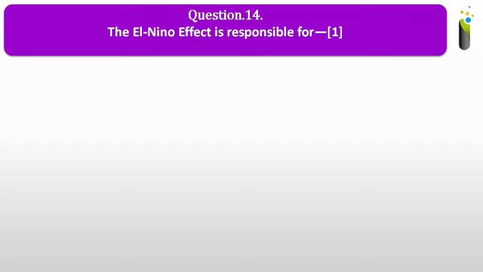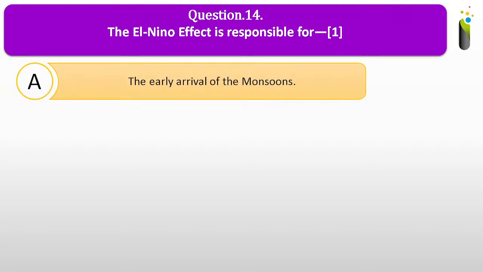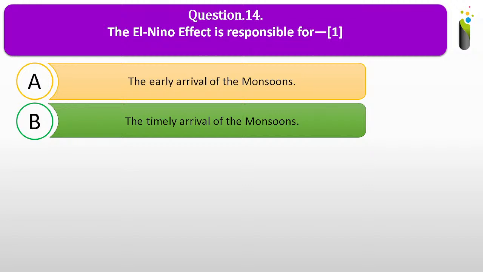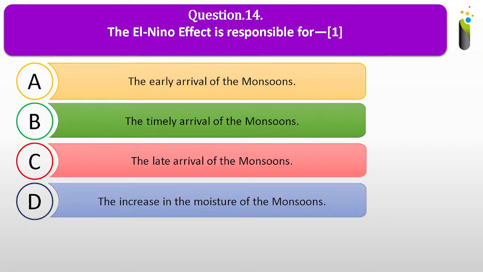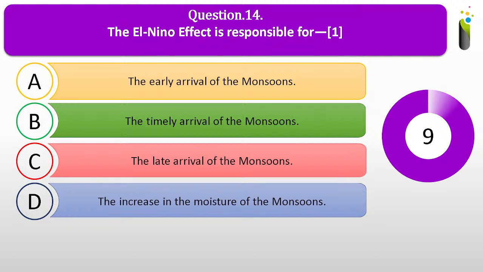A. The early arrival of the monsoons. B. The timely arrival of the monsoons. C. The late arrival of the monsoons. D. The increase in the moisture of the monsoons.